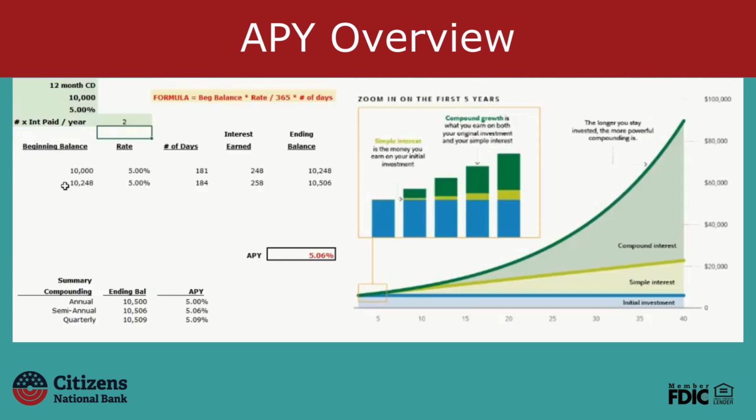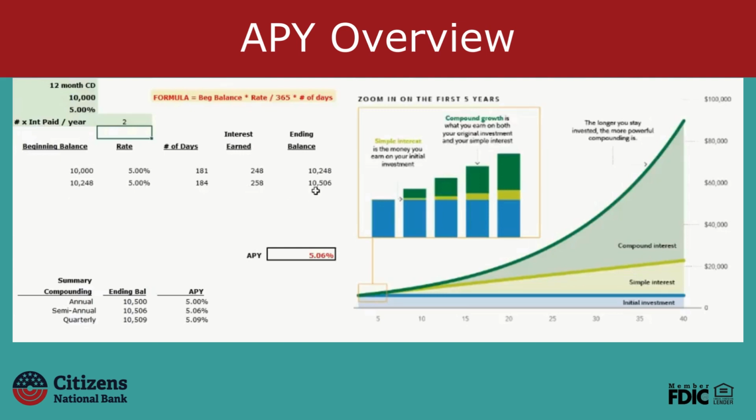So now we're calculating interest on the second half of the year, the second interest payment. However, instead of $10,000 balance, our new balance is $10,248. Multiply that by 5% for 184, a few more days in the second half of the year, gives us an interest payment of $258.